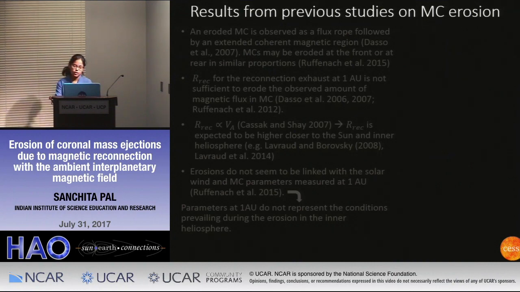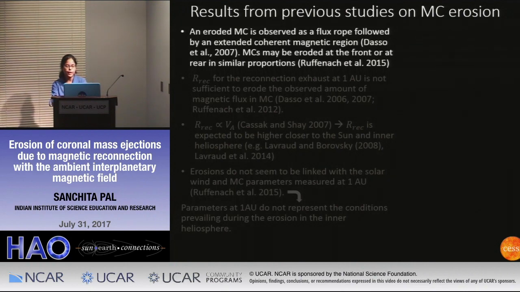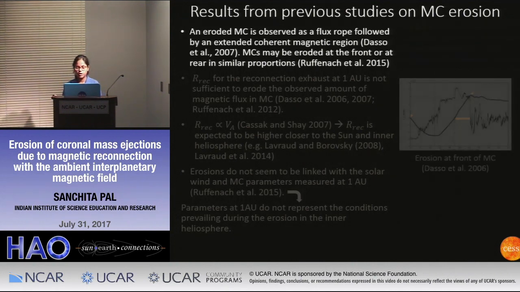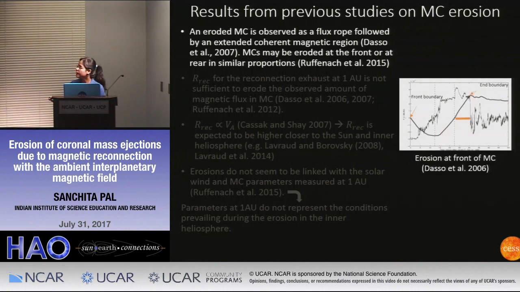I will show here some of the important results which have been found till now on the analysis of magnetic cloud erosion. Mainly, the eroded magnetic cloud is observed as a flux rope, which is followed by an extended coherent magnetic region, which is shown here. This black thin line is showing the By component, the azimuthal component of the magnetic field, and this is the accumulated flux.